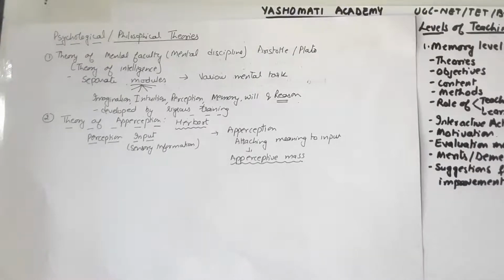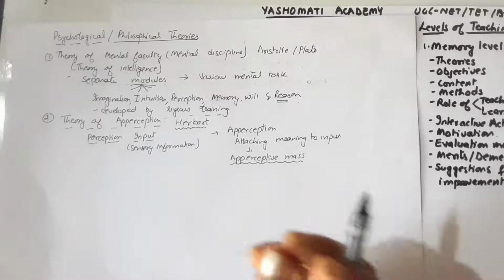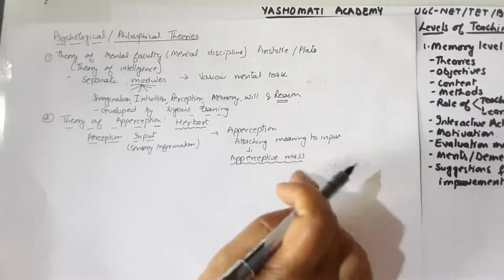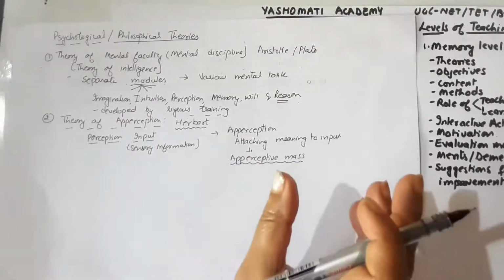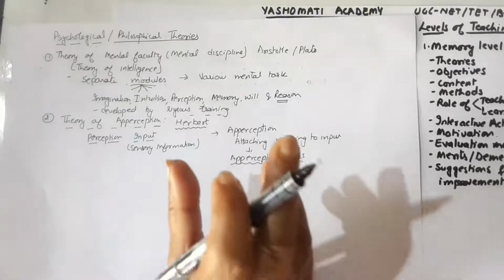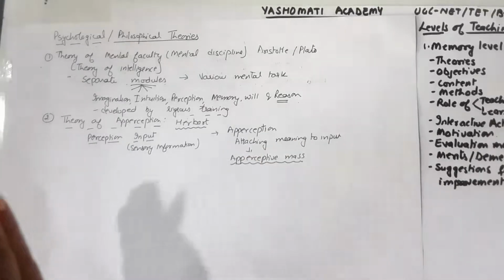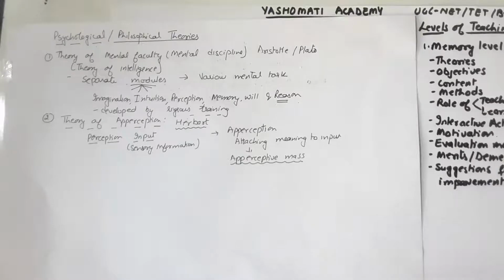So whenever he is gaining some new knowledge, he makes sense of it by assimilating it to the previously attained mass of different kinds of experiences that he has gained.